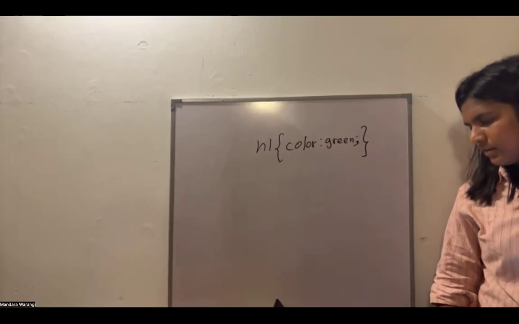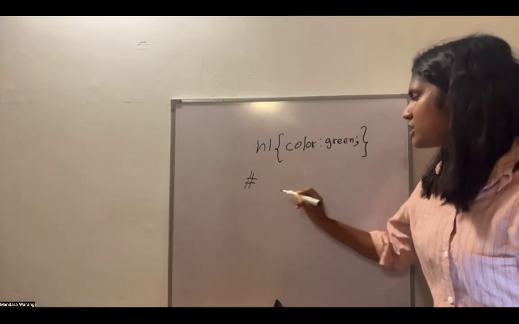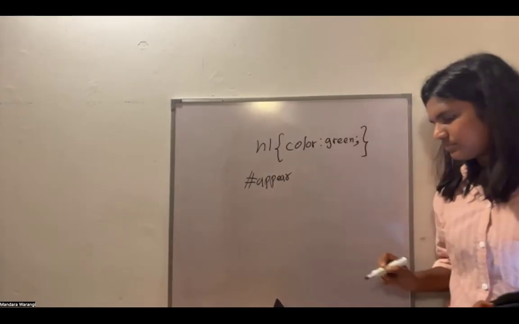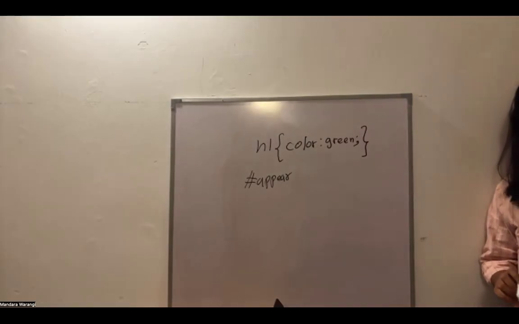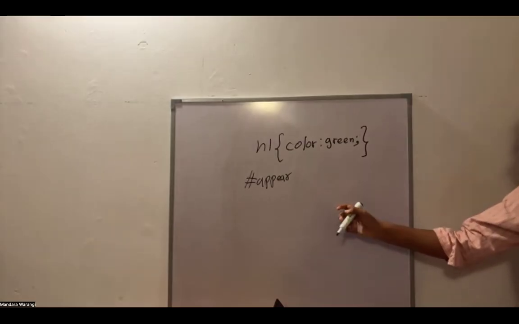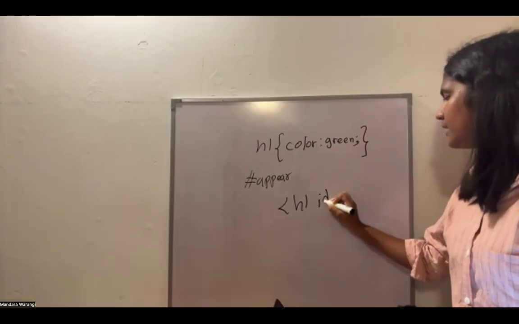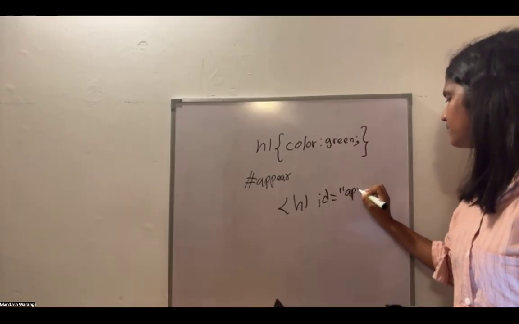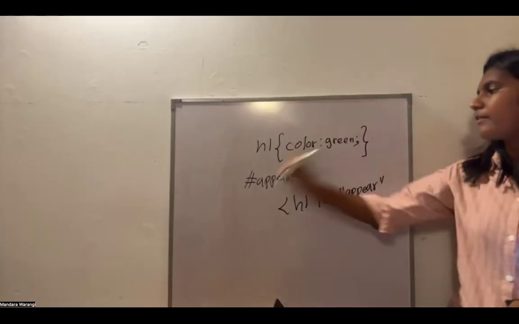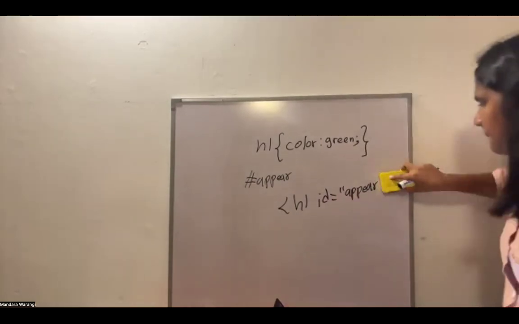A CSS ID is defined with a hashtag and the ID name, which is appear or something. This is how you write the external CSS part. In the tag itself, you define H1 or something with ID equals appear, right? This is how you start, and you can refer to that ID through hashtag appear.